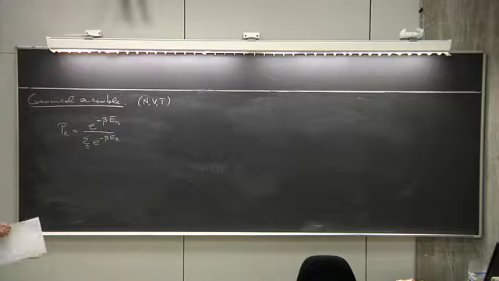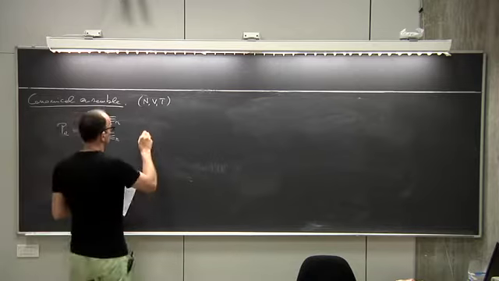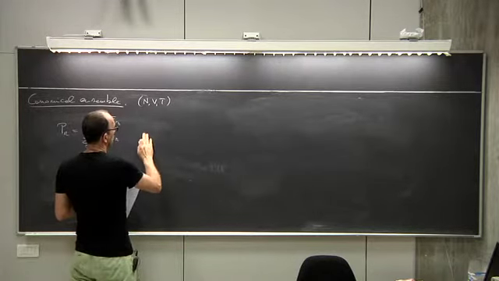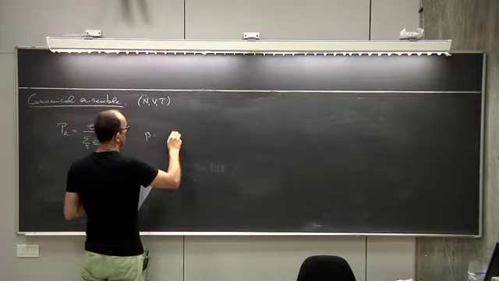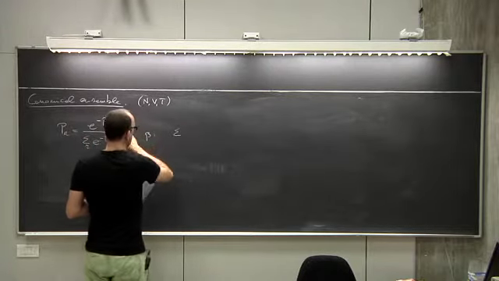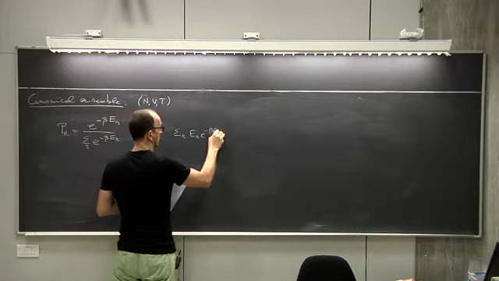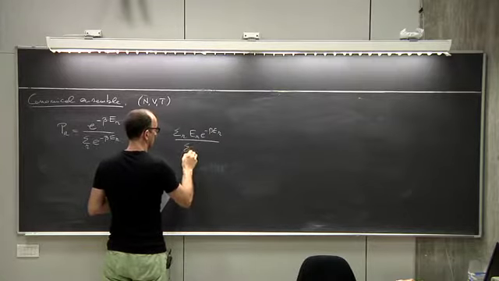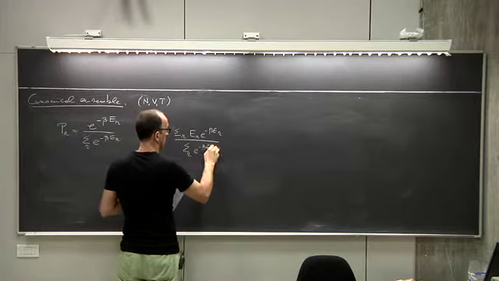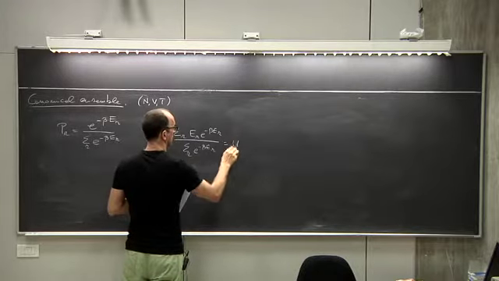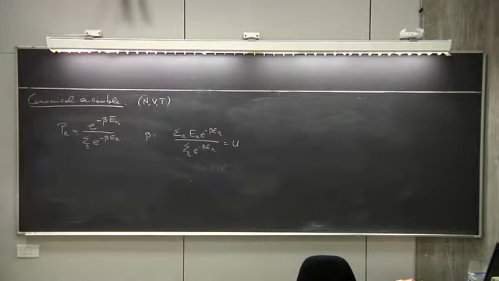Now I remind you that beta is fixed in such a way that if you compute the average energy over this distribution, then this is the energy of your system, which was fixed.